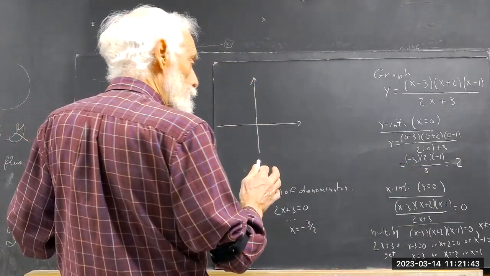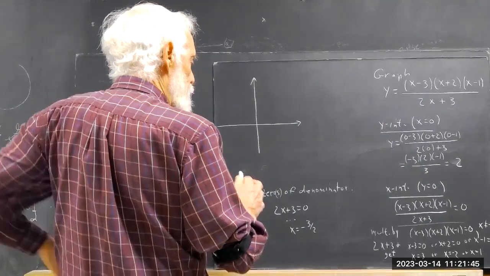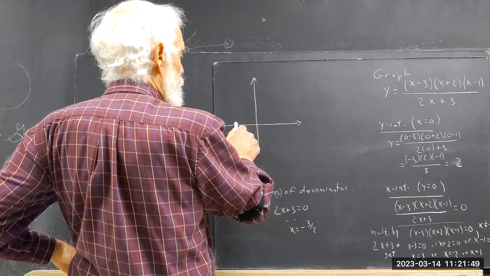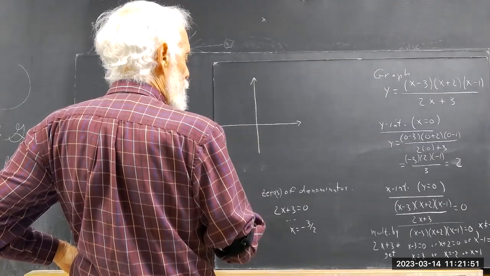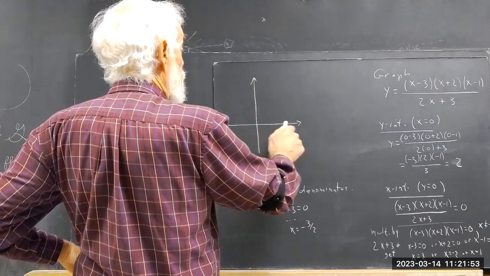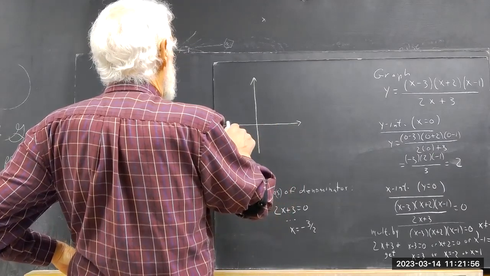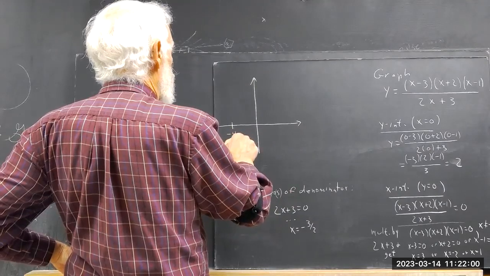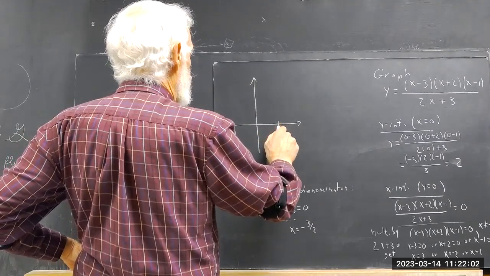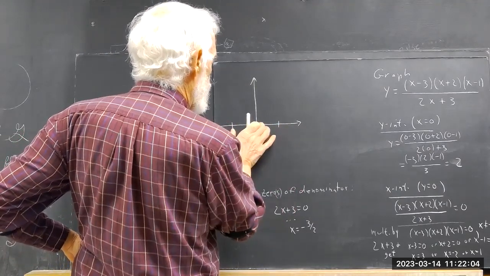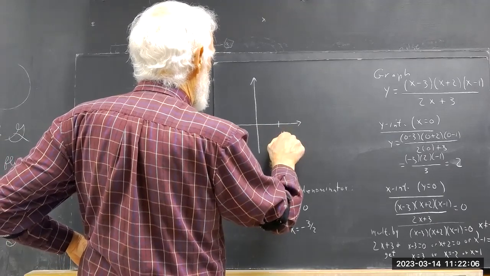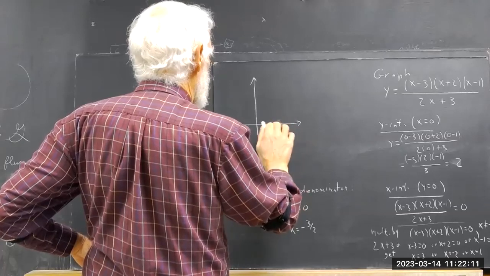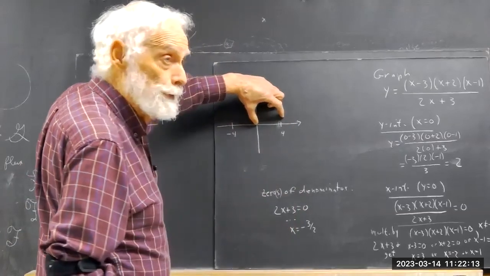We want to leave ourselves a little room, but I'm going to put -3 about here, -2 about here, 3 about here. So I'm going to set up a scale. I'm going to put -4 here. Okay, this distance and this distance are equal.